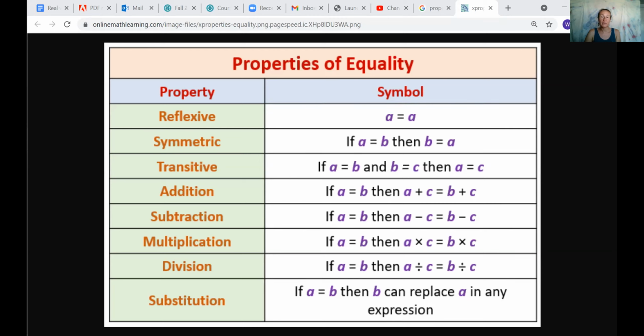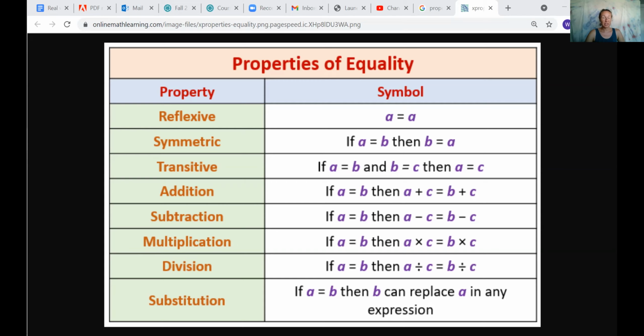So those are the properties of equality, and we get to apply these properties of equality when solving equations, and we can't apply them in other places. They really allow us to do whatever we want to our equation as long as we do it to both sides of the equation, okay?